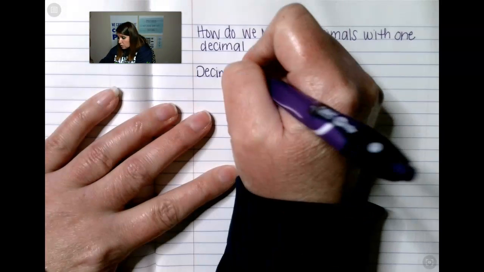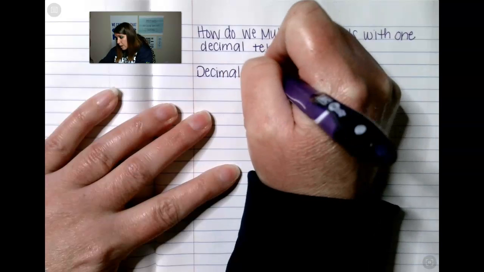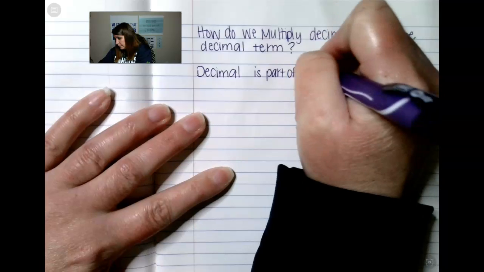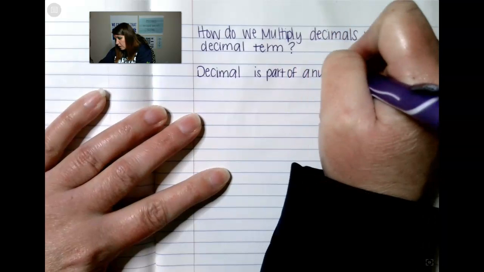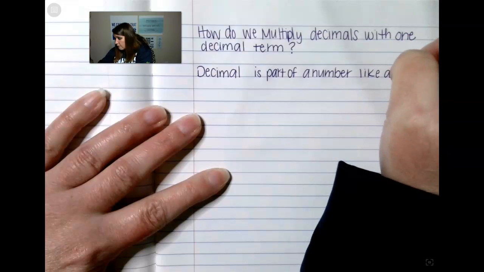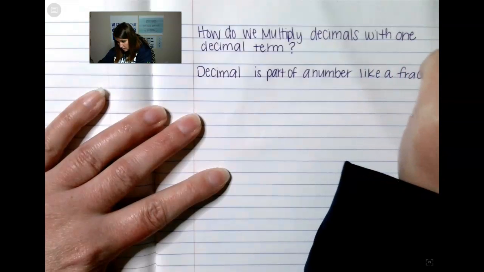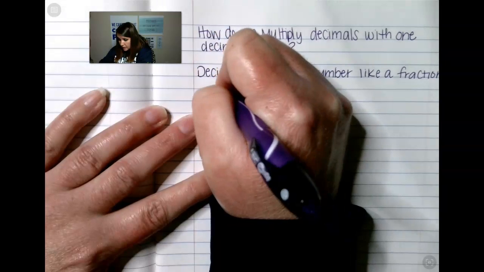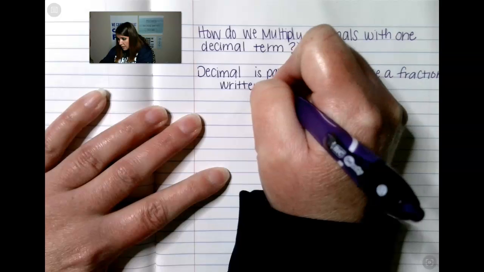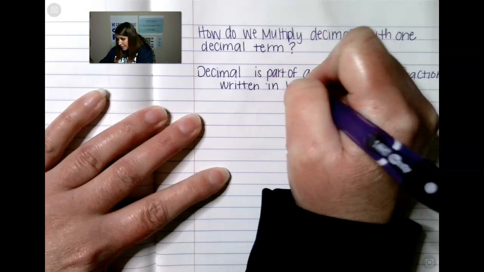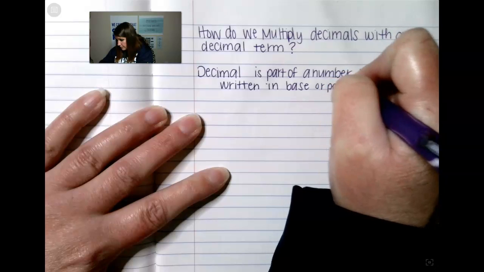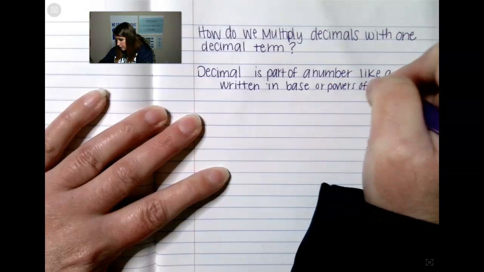A decimal is part of a number, like a fraction, and it's written in base, or powers, of 10.